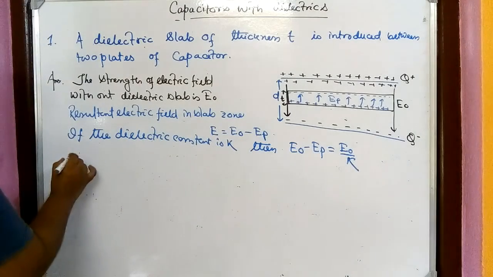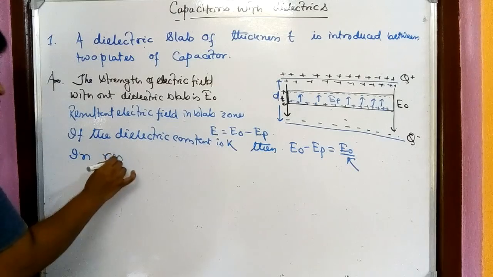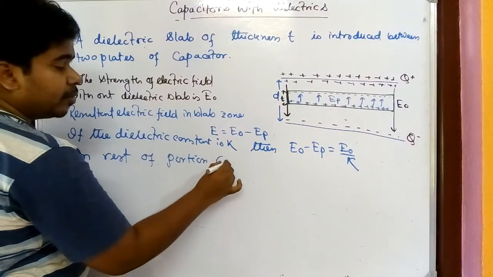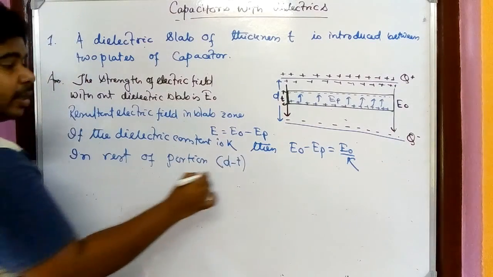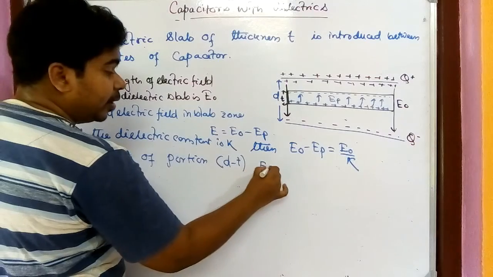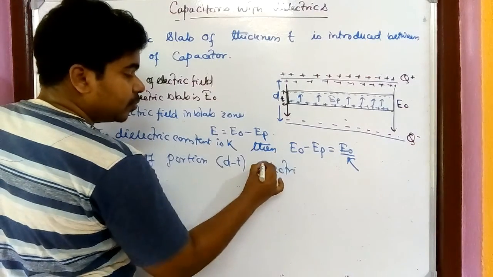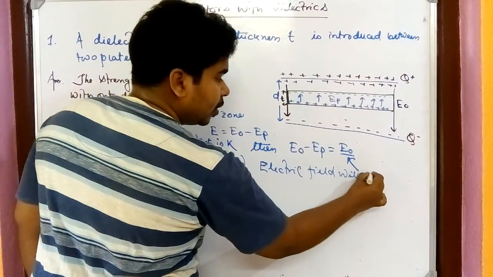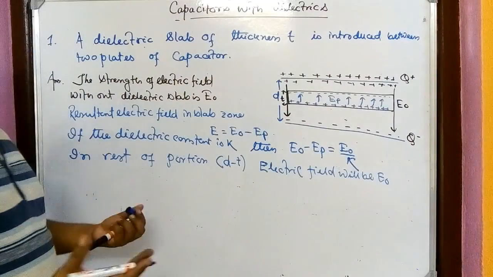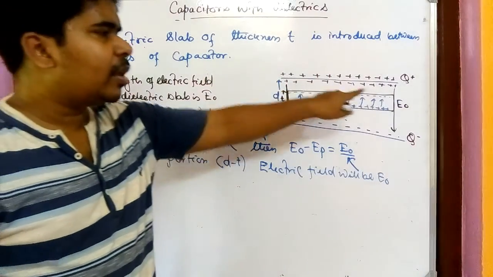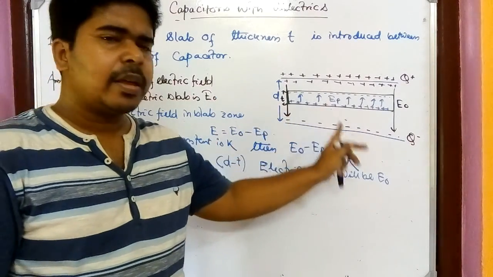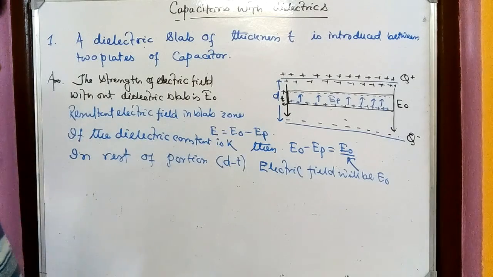So in the rest of the portion, that is d minus t, the electric field will be E naught, because no dielectric slab is there. Only where the dielectric is, there it is E, that is E naught by K; in the rest of the zone it is E naught.